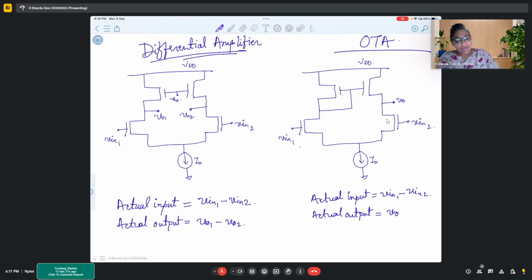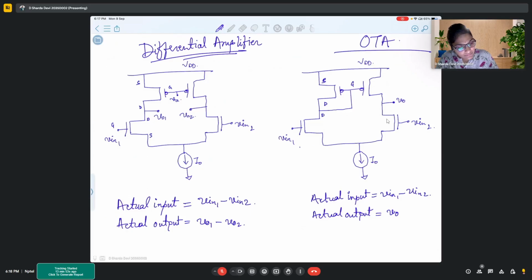As we can clearly observe, these transistors are connected back to back, but they are basically CS amplifiers, because the input is provided to the gate and the output is taken from the drain of the transistor.